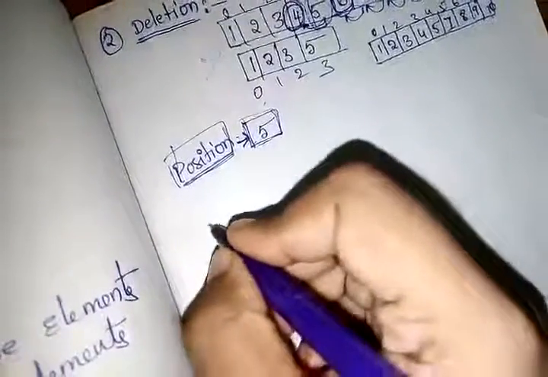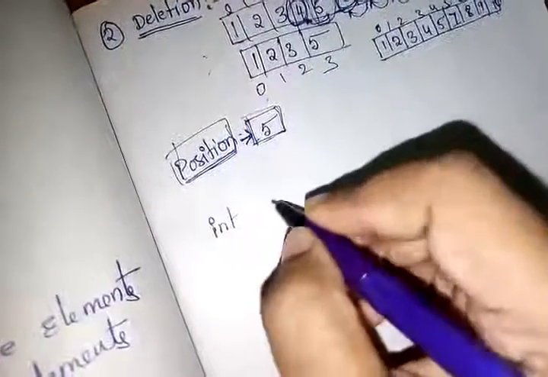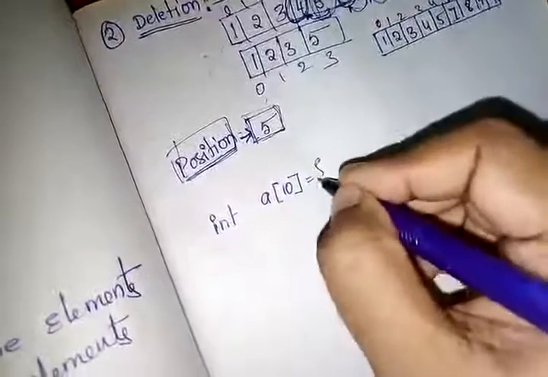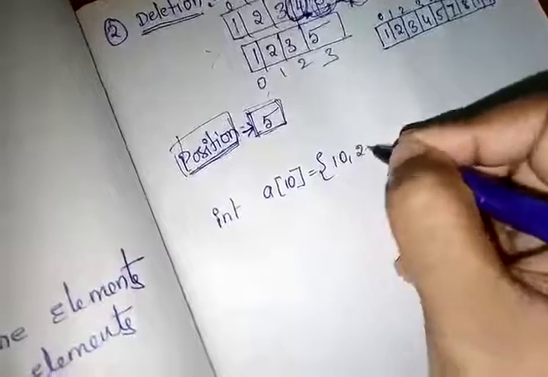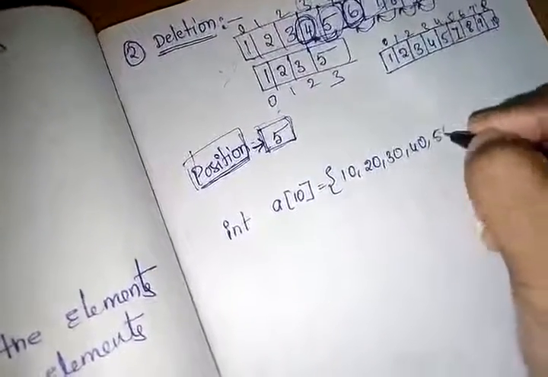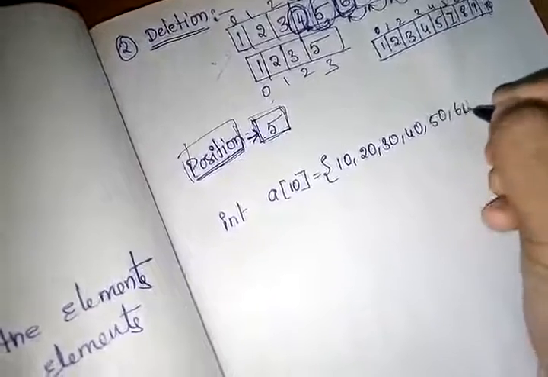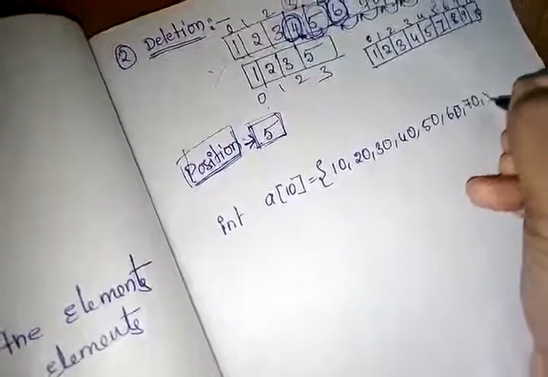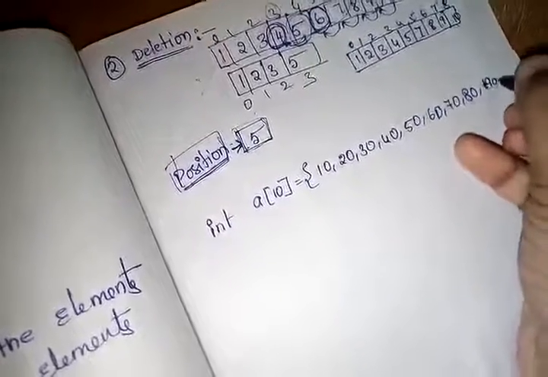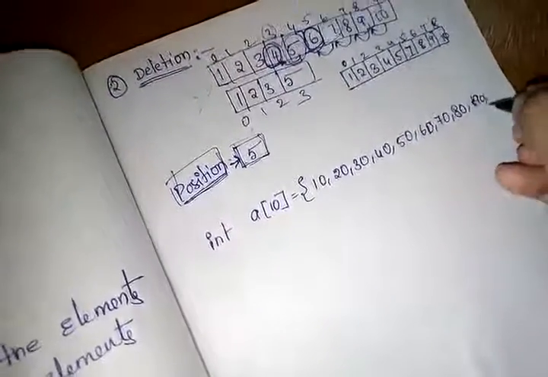Say for example, this is how we'll write the program. I am directly initializing the array with 10 20 30 40 50 60 70 80 90 and 100.